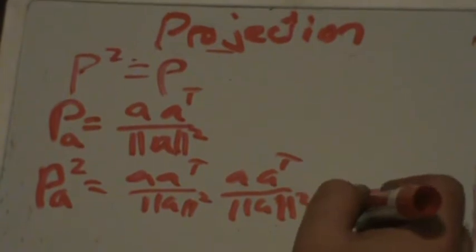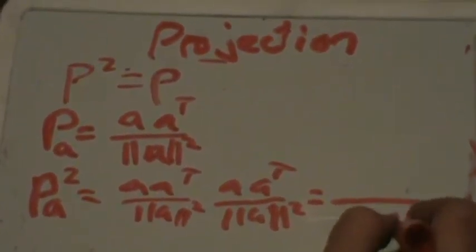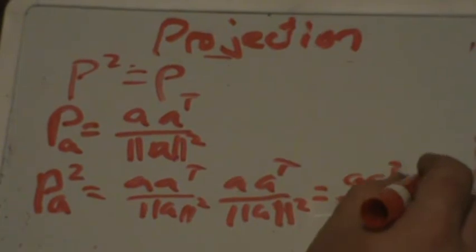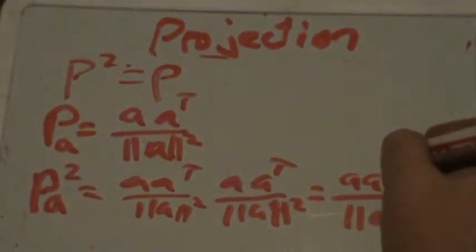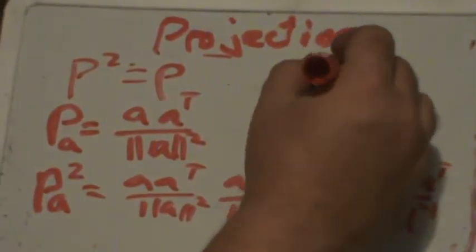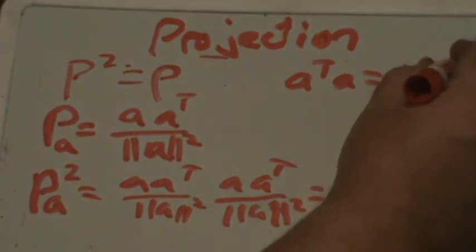Now, that means I have something over norm of A to the fourth. And the top is A A transpose, A A transpose. Now, notice right here in the middle, though, I've got A transpose A. Just as a little side note, A transpose times A was the norm of A squared.